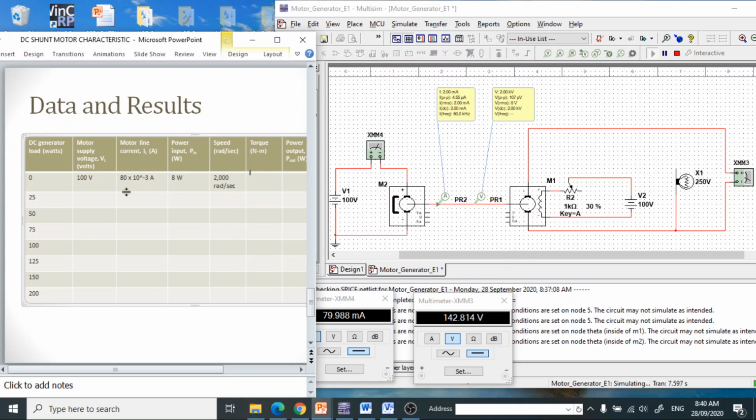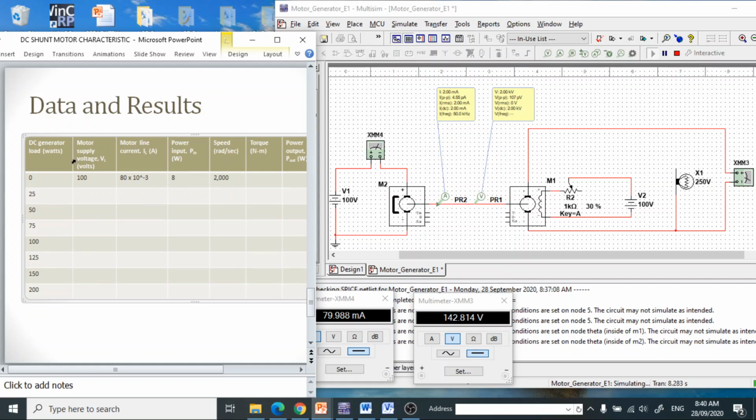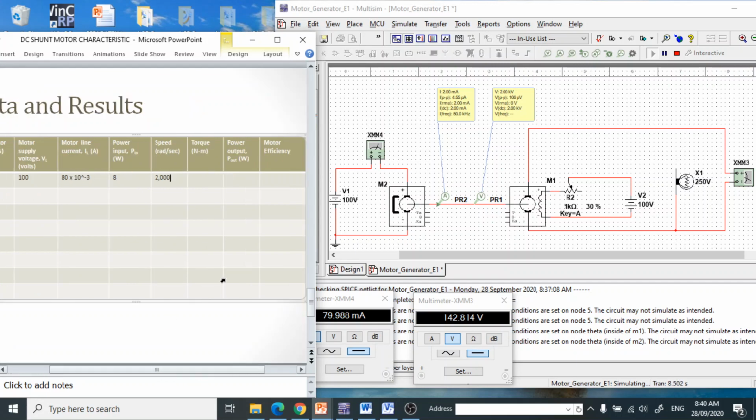You may omit the units, by the way, since we have already the units given in the header of the table. So 2 milli is 2 times 10 to the power of negative 3 Newton meter.